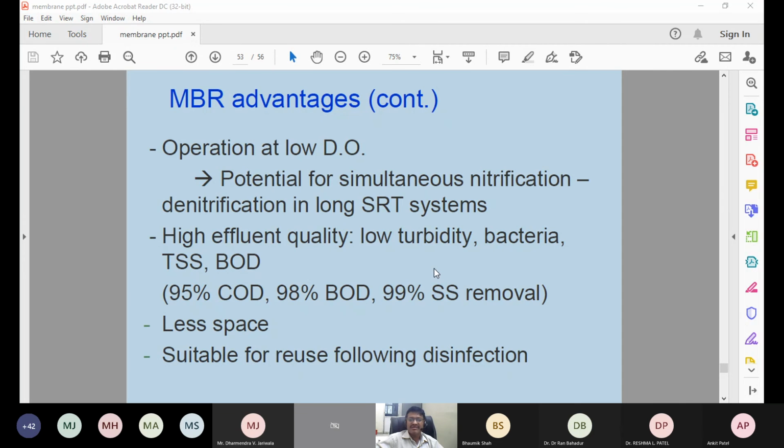RO has become a fashion. They invested 4-5 lakhs, and within 3-4 months the membrane system had to be changed or cleaned. Again, 30,000 rupees for a new membrane.